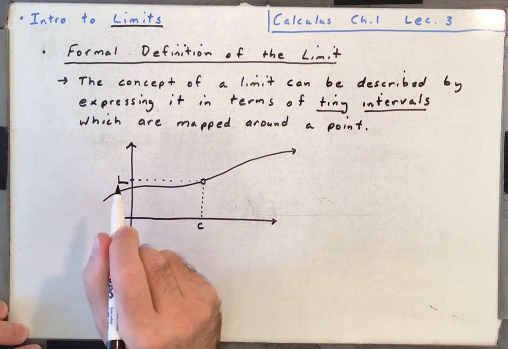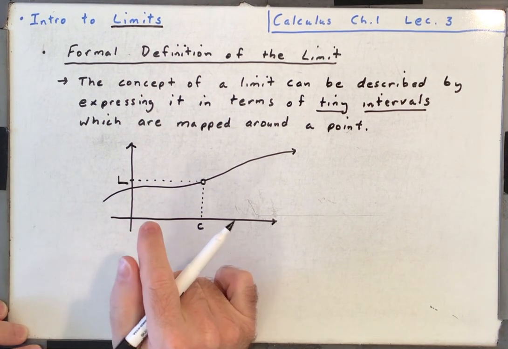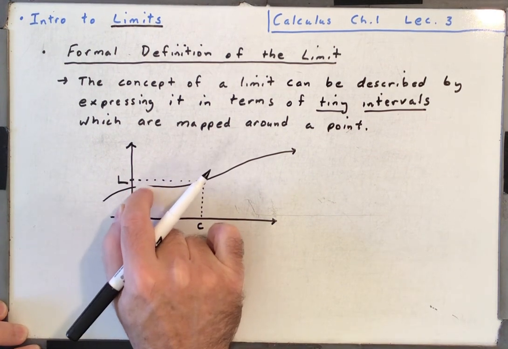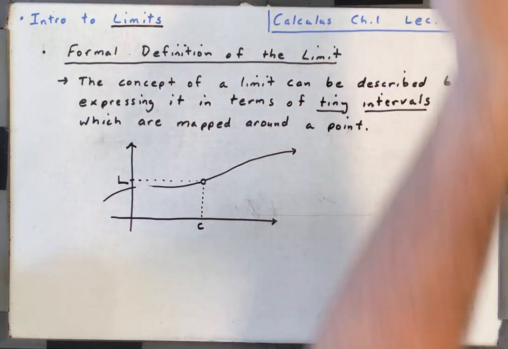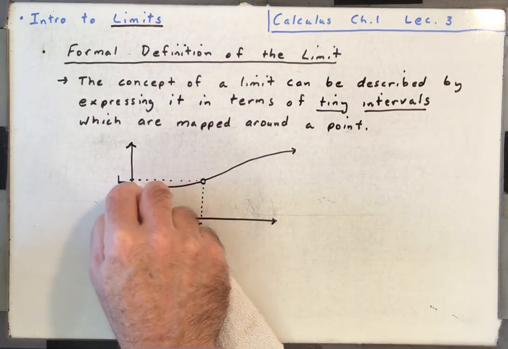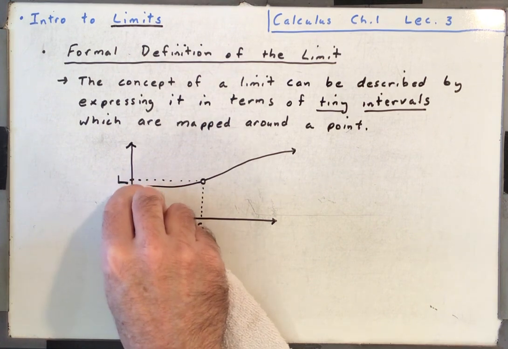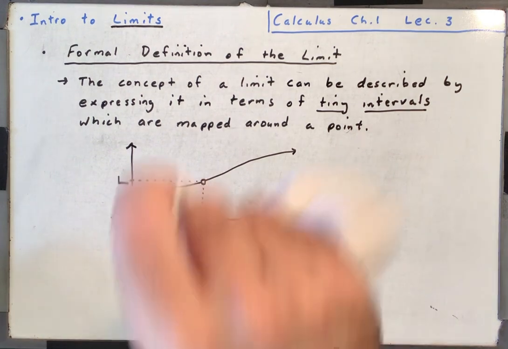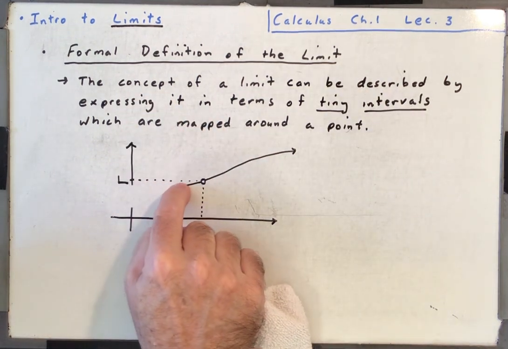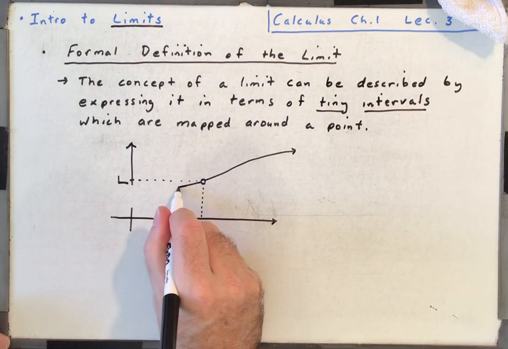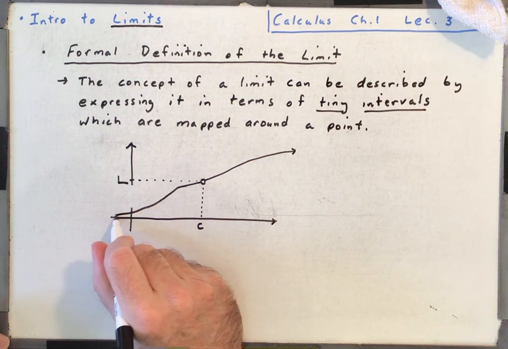So this is L. All right, my graph is kind of getting in the way of what I want to draw, so I'm going to take this function and send it a little more south so that I have room to draw what I want. Okay.